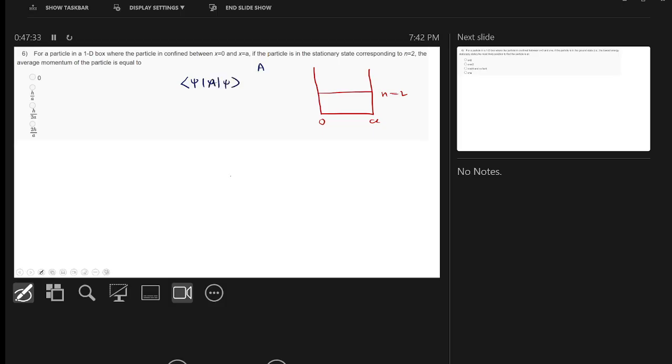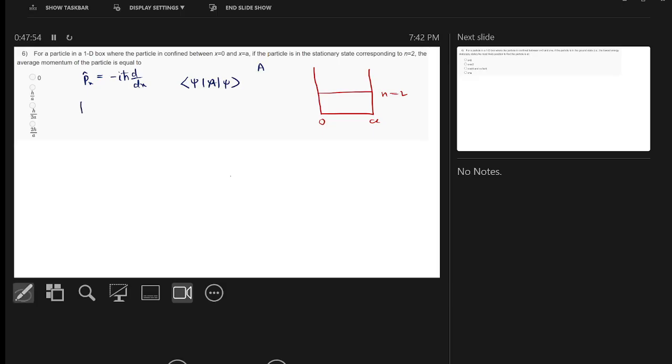Simply we can write it here for momentum, average momentum Px, we will say is minus i h cross d by dx.